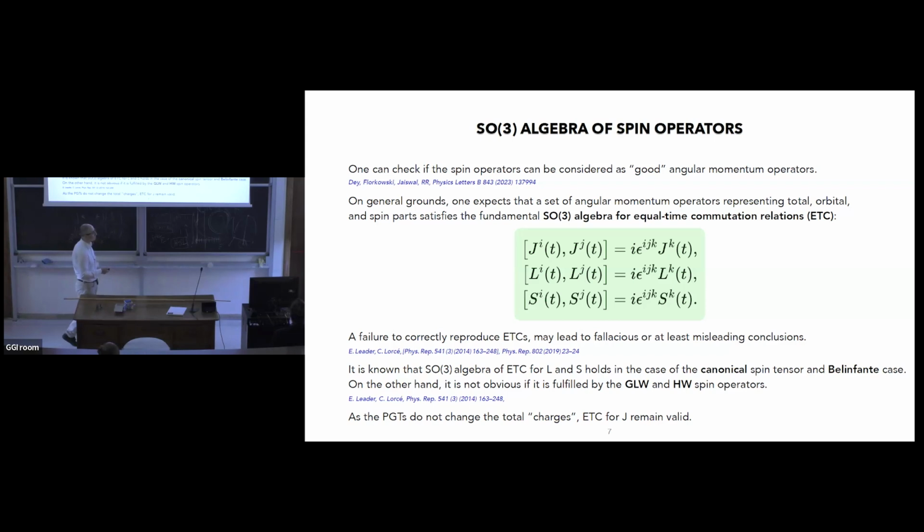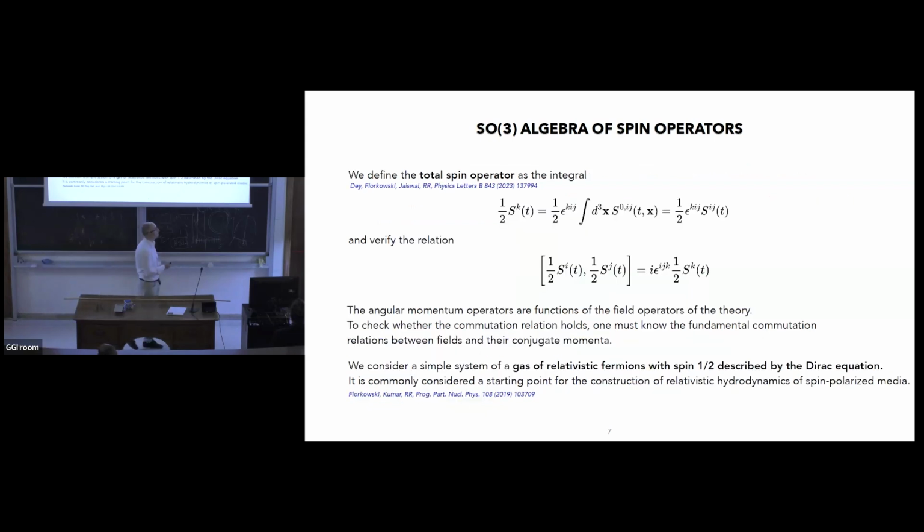And basically what we did, we just tried to study this. You can define the total spin operator in this form. Basically, you define it as an integral over the volume of the spin current, and then you can try to verify this relation. And what we found was that actually only for the canonical case this relation is satisfied.